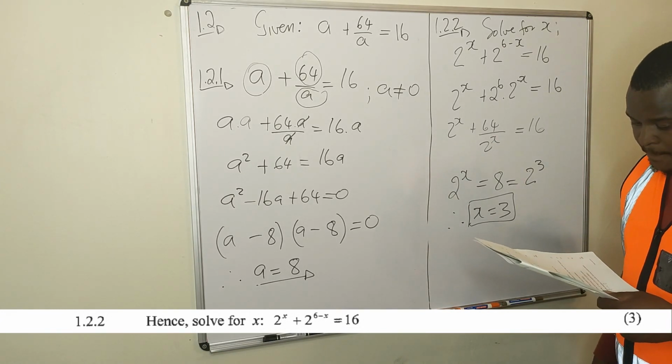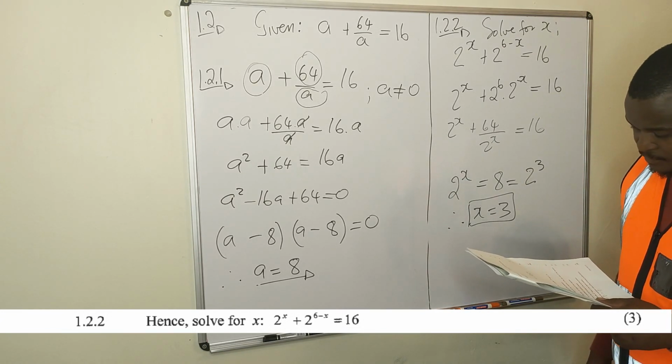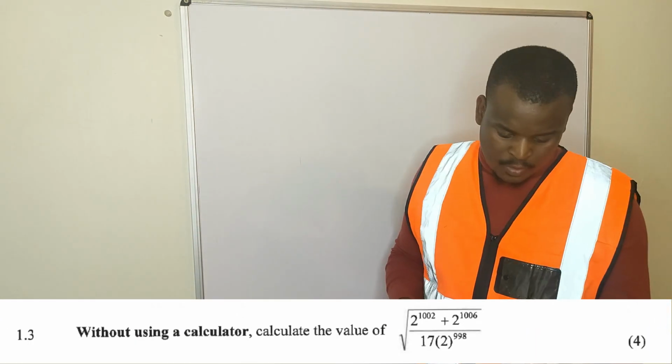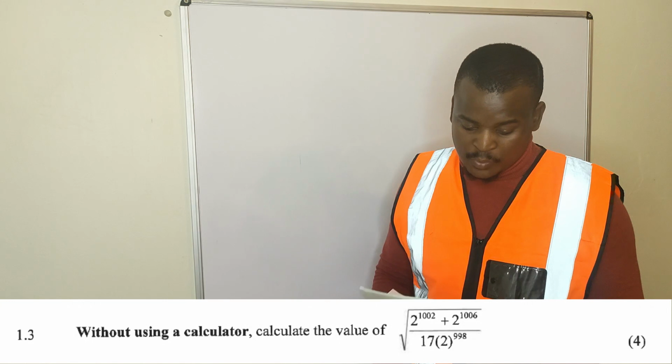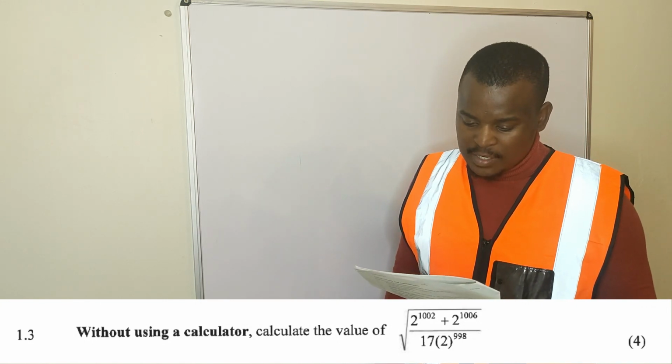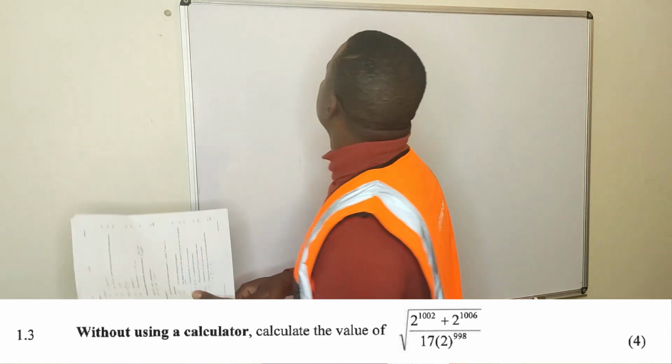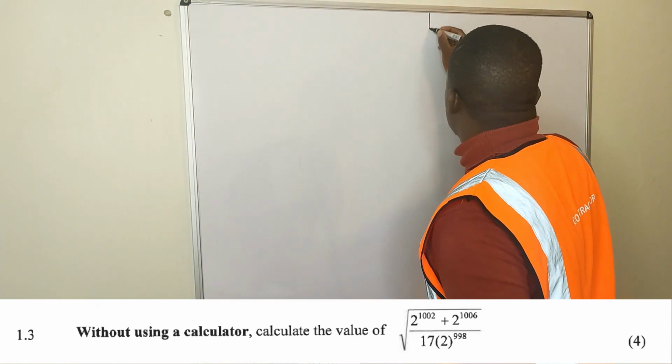You can go to 1.3. I'll clean the board and you go to 1.3. Without using a calculator, calculate the value of this thing here. Okay.